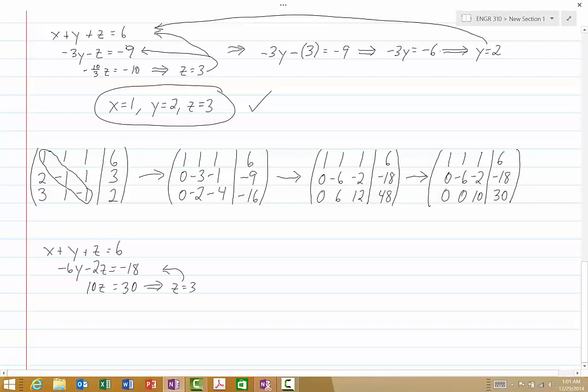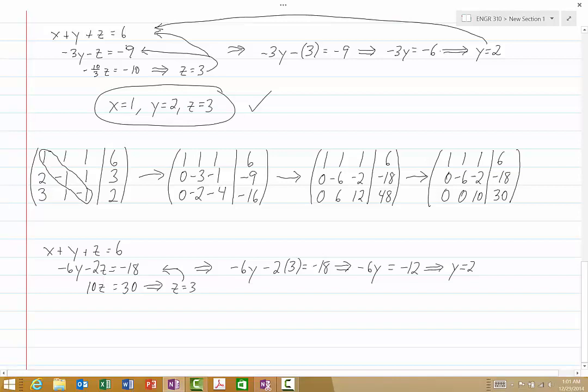We plug that in to the second equation, and when we do, then we're left with negative 6y minus 2 times 3 is equal to negative 18, and that implies that negative 6y is equal to negative 12, which implies that y is equal to 2.